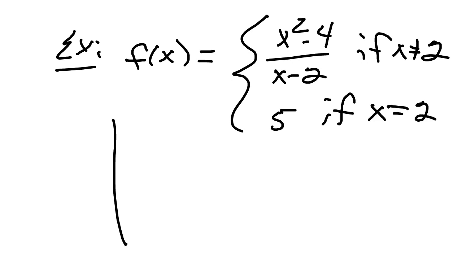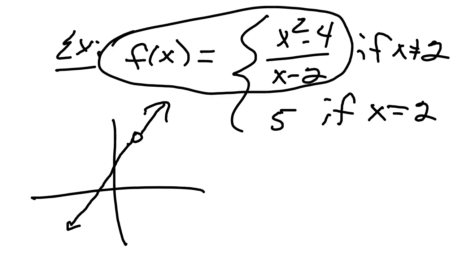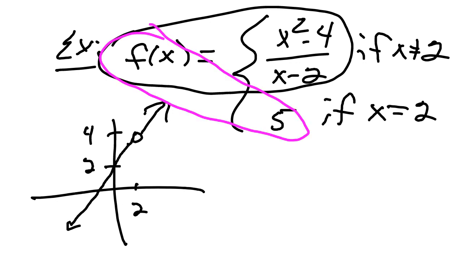Well, if I'm going to graph this, the graph is just like what we had before, except I have a hole there at over 2, up 4. And of course, I've got a y-intercept of 2 here. But anyway, now I've got f of x equals 5 if x equals 2, so I actually have a height here of 5.